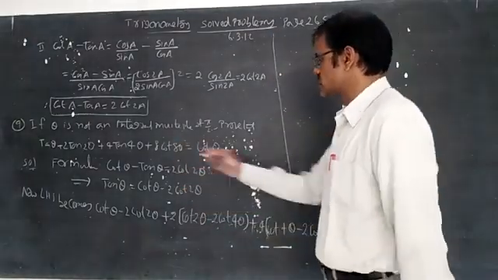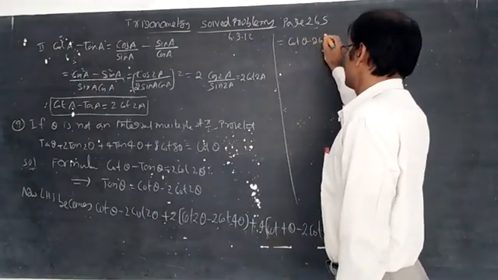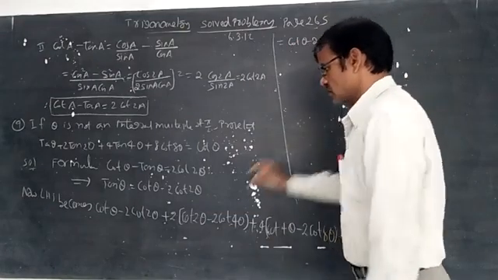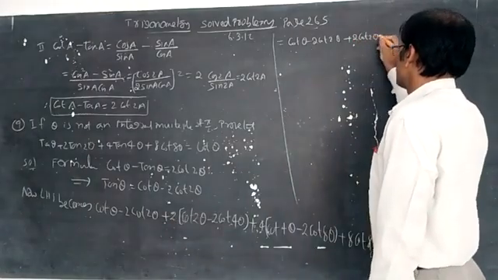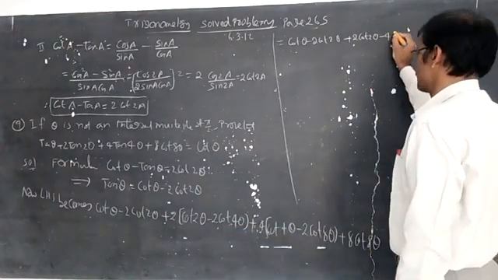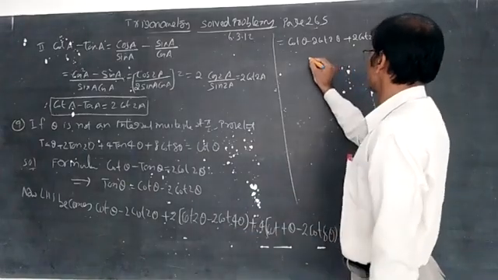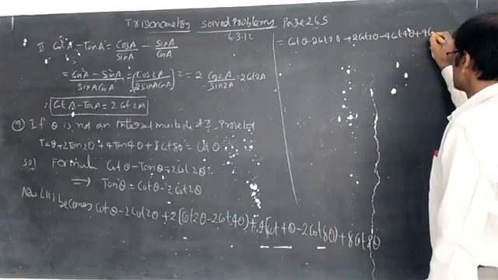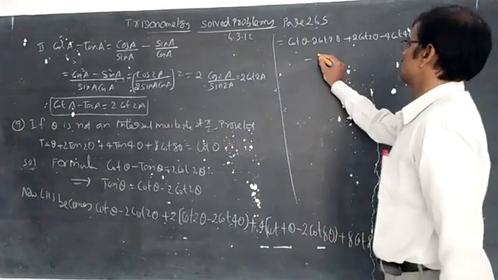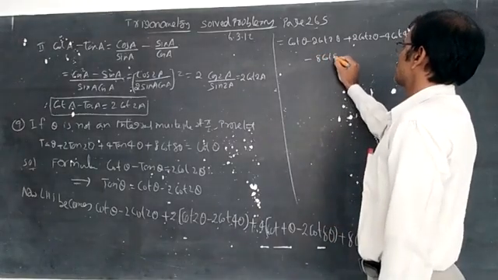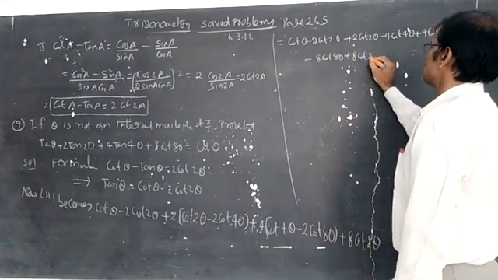Now expand all the terms. Cot theta minus 2 cot 2 theta, plus 2 cot 2 theta minus 4 cot 4 theta, plus 4 cot 4 theta minus 8 cot 8 theta, and at last plus 8 cot 8 theta.